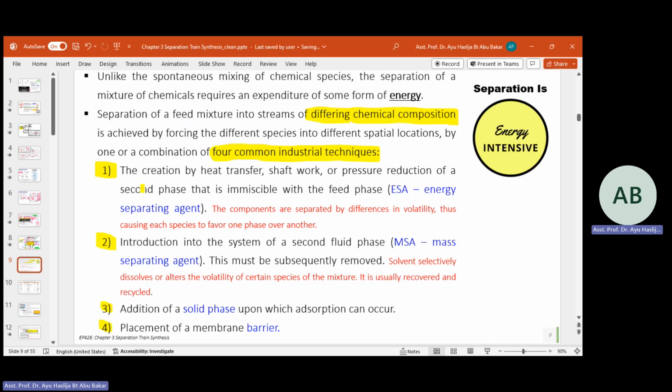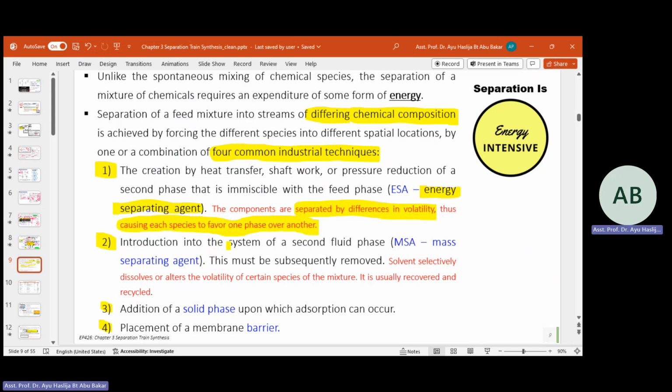The first one uses an energy separating agent, where the components are separated by difference in volatility, thus causing each species to favor one phase or another. So you play around with the energy in order to push them to change phase. ESA, energy separating agent.